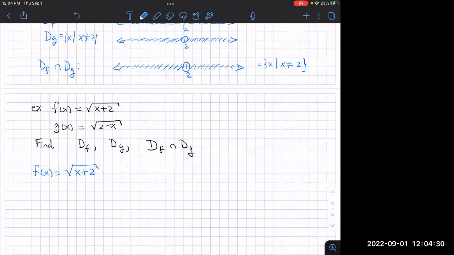No. So here is where we have a restriction for square roots, or any even root. If we have a root and an expression inside, the expression inside is called the radicand. The restriction is the radicand must be greater than or equal to 0.